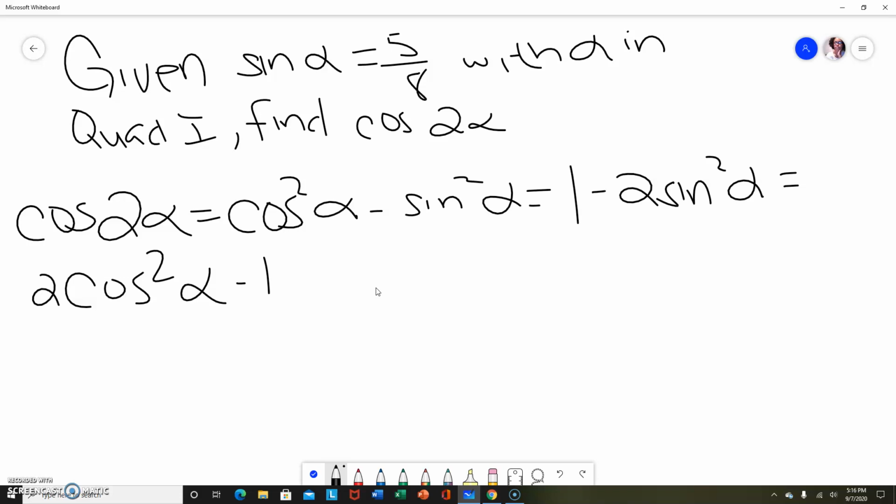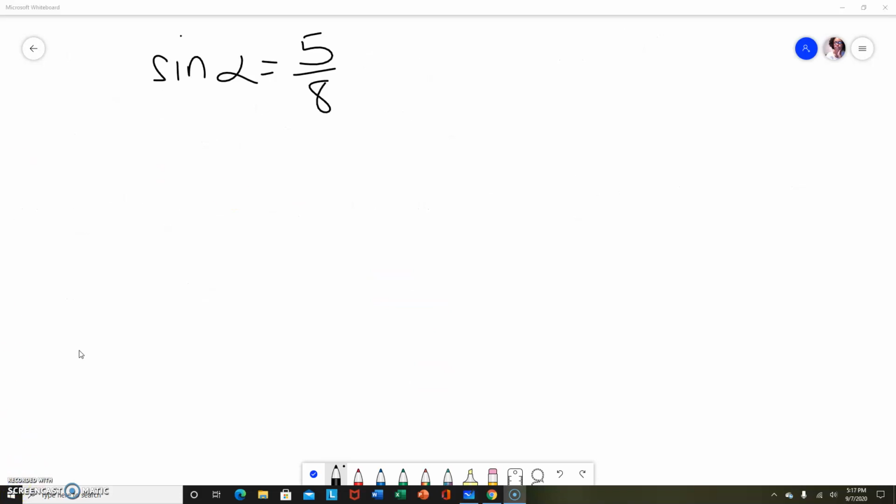So I'm going to go to a new page, and let's just talk about how we can actually look for our x, y, and r values. We know that in quadrant 1, everything is positive. That's why I said we technically didn't really have to do anything for this one, because we were given everything that we needed.